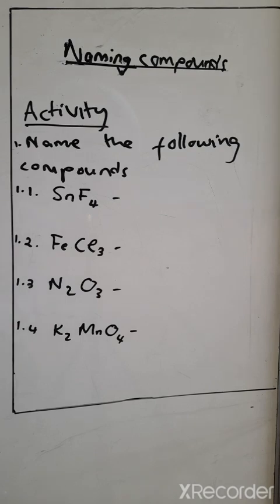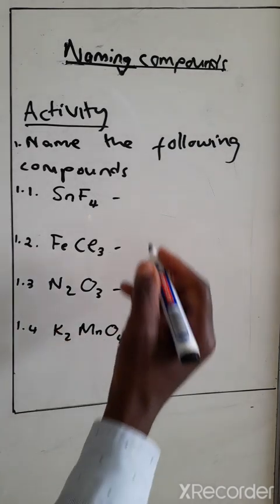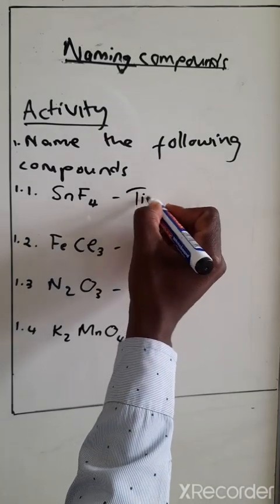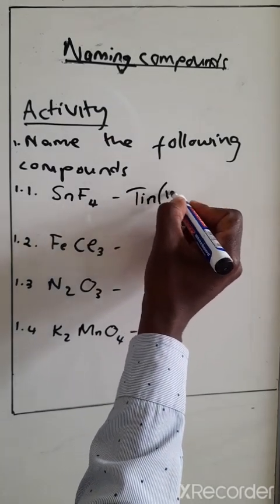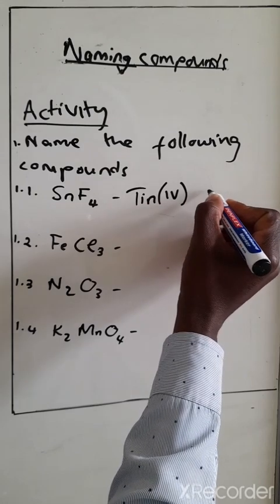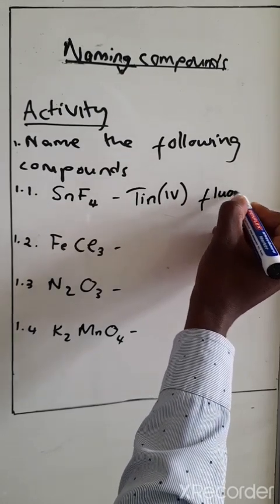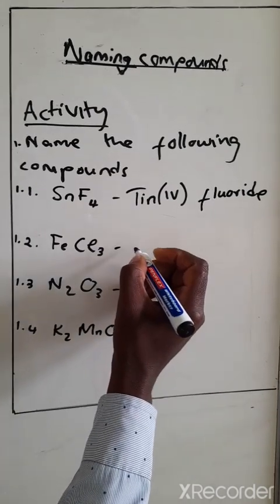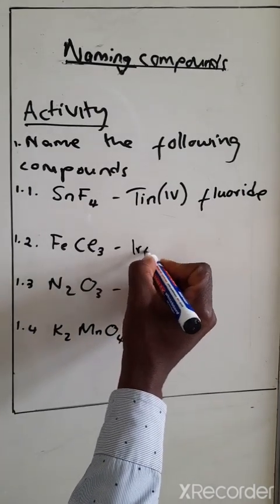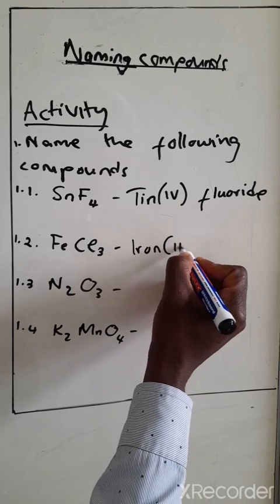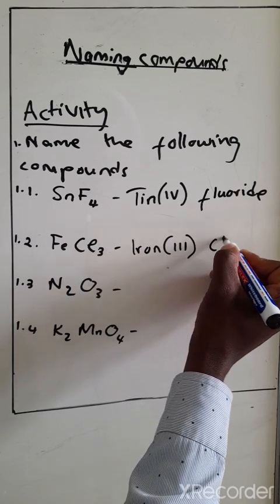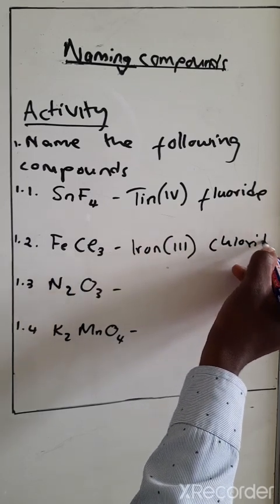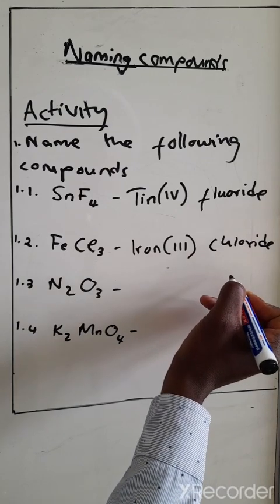I hope you get the following answers. The first one is going to be tin(IV) fluoride. The second one is going to be iron(III) chloride.